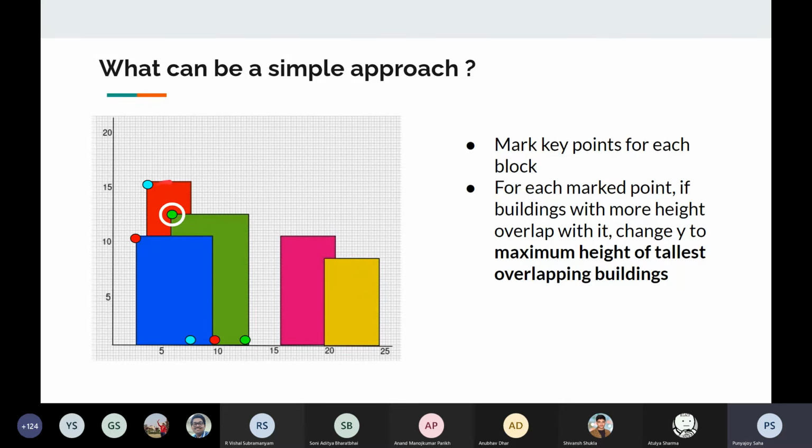Draw this outline and first mark the common points, and then using this if condition, mark where the final points will be for each of these marked key points. We will stop for maybe 5 minutes and then discuss what the output is.